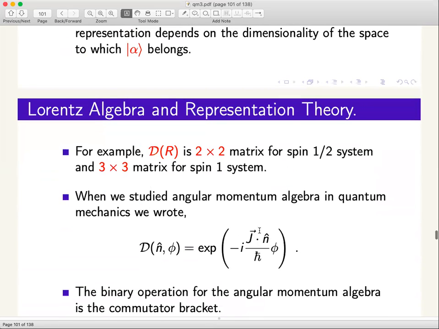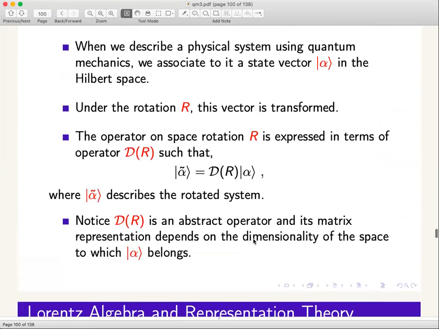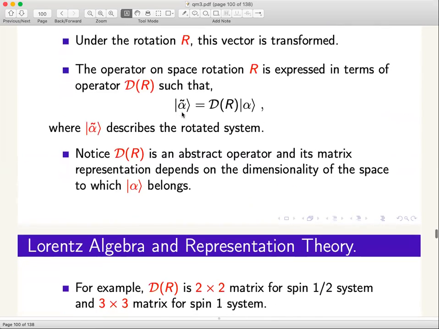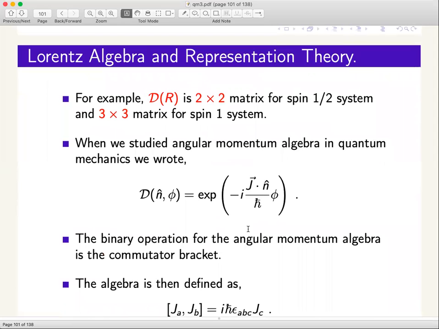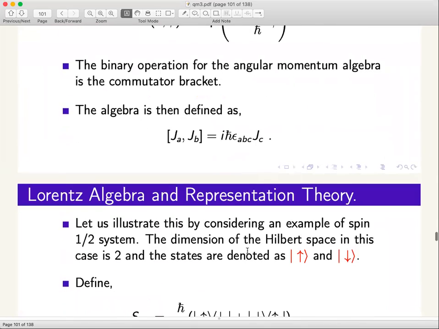The J's generate an algebra which is referred to as angular momentum algebra, whereas R matrices generate an algebra which is called a rotation algebra. Now it is purely nomenclature. If you want to call this rotation algebra, so be it. But since in quantum mechanics we call it angular momentum algebra, I will rather stick to that notation.